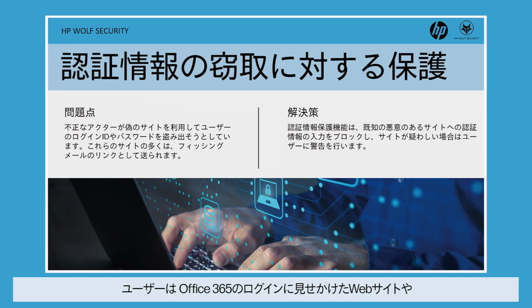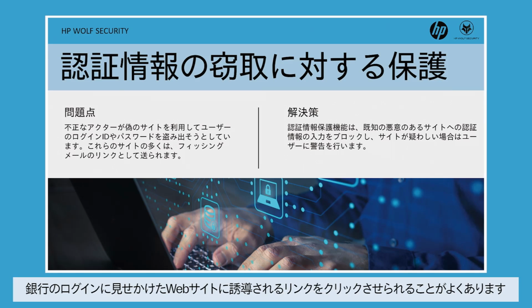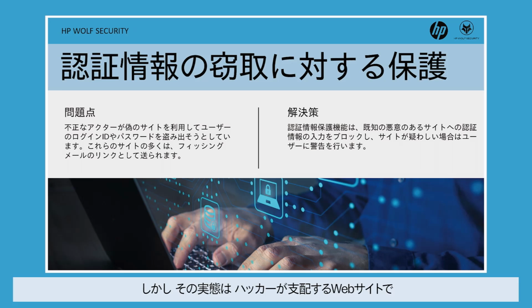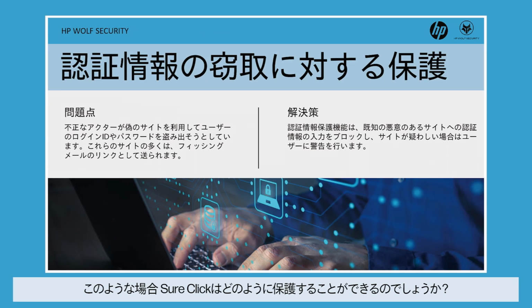And so users are often tricked into clicking on a link that takes them to a website that might look like an Office 365 login or a website that might look like their bank login. But what it really is, it's a website controlled by the hackers who trick the user into typing their username and password. And so how can SureClick provide protection in this scenario?